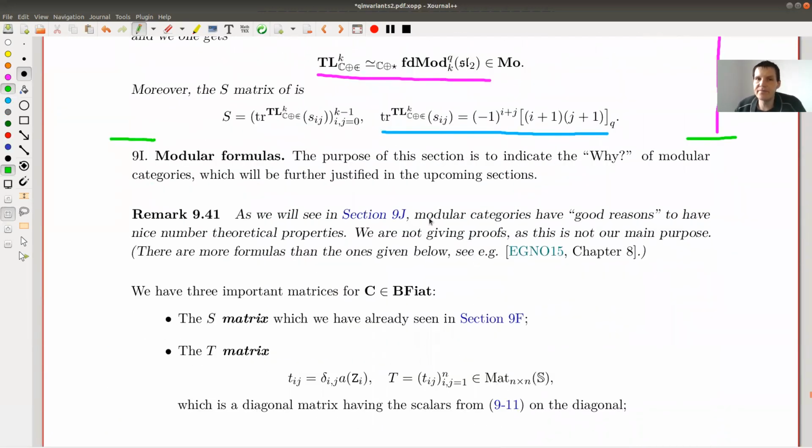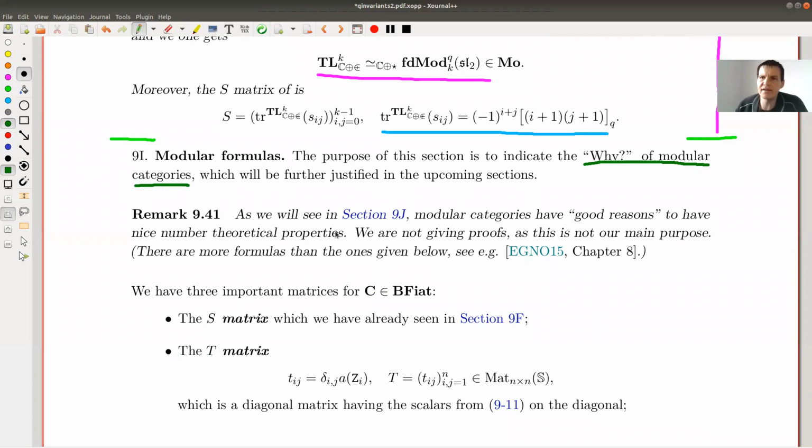Okay, maybe let me explain a little bit the why of modular categories. And that's kind of the last thing we want to do. It will be further justified later, of course, but it seems to be falling a little bit out of the blue.